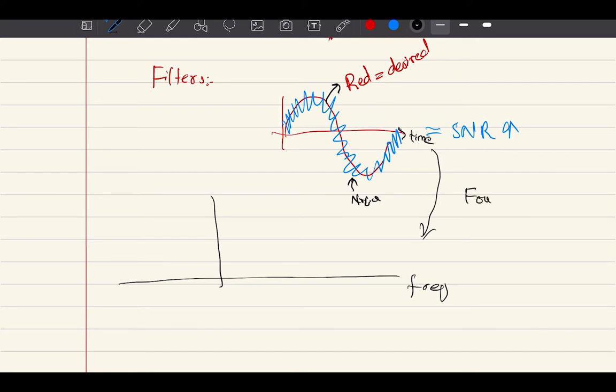We do the Fourier transform. By taking the Fourier transform, you are converting the signal from the time domain into the frequency domain. If you are in future doing some image processing or signal processing, you will be frequently seeing this Fourier transform and this stuff.